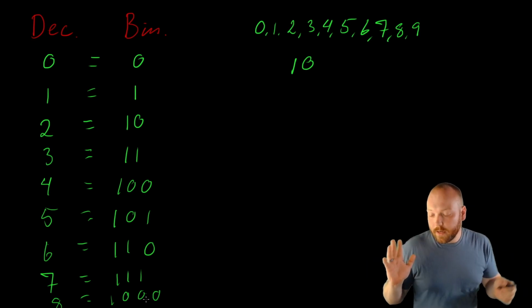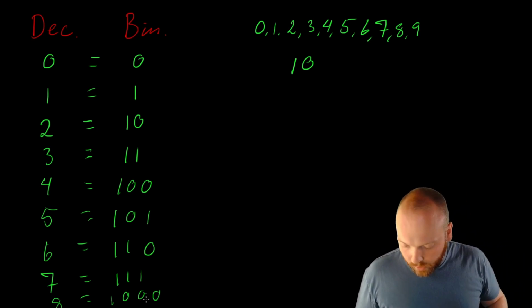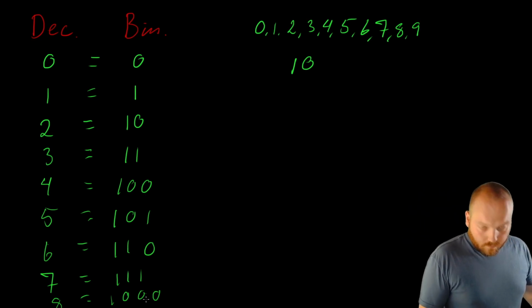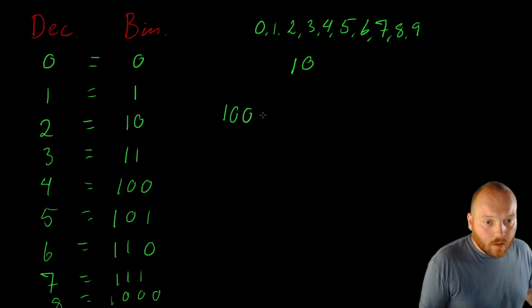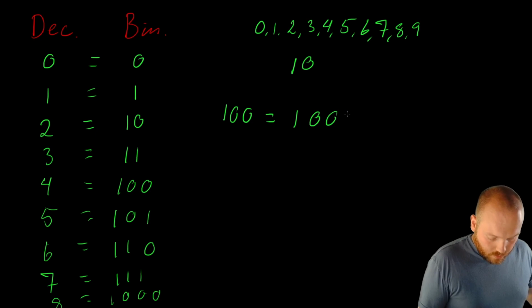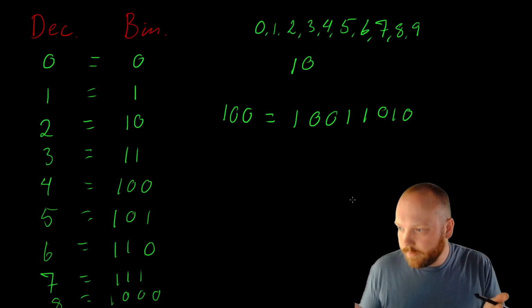That's a little bit of binary. Just as a side note here, as an example, the decimal number 100 is the binary number 1100100. That's what 100 looks like in binary.